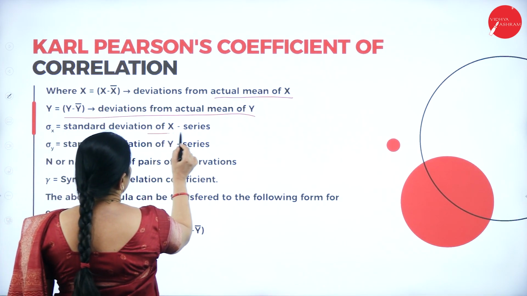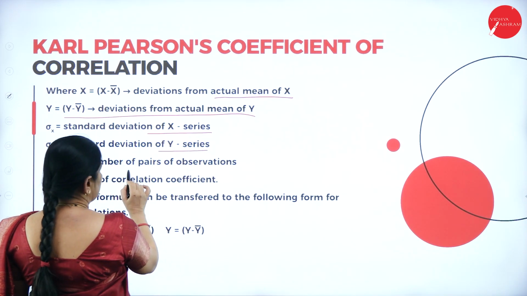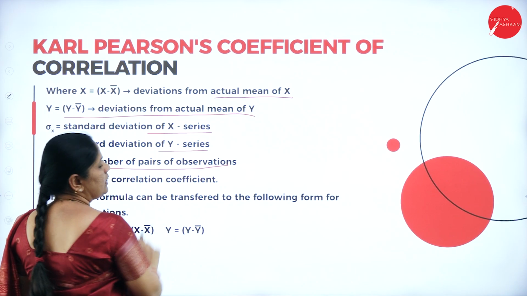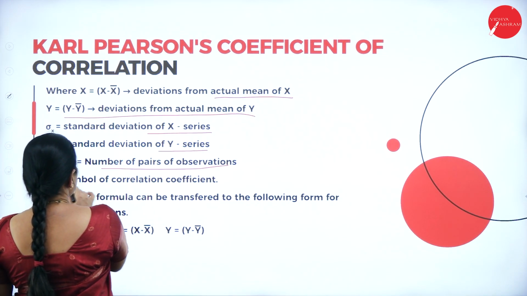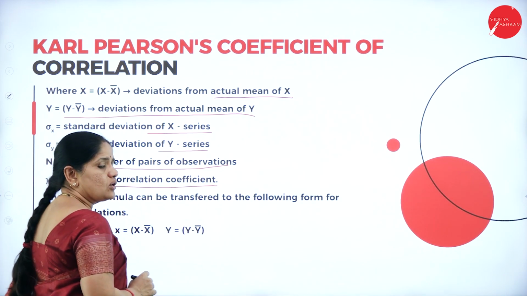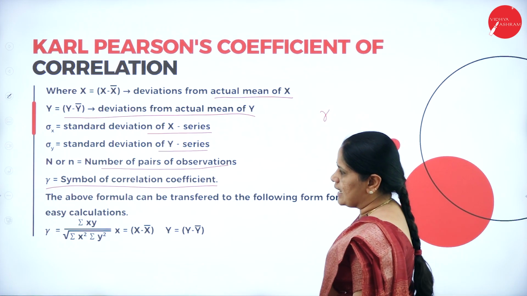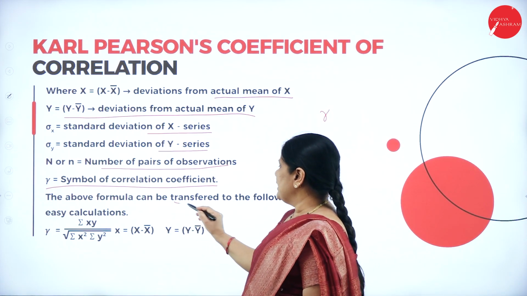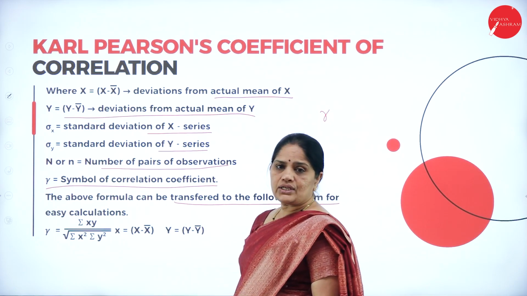Then we have the standard deviation of the x series, standard deviation of the y series. Now, n stands for number of pairs of observations. Then this is the symbol of correlation coefficient. So, the correlation coefficient symbol is this R. Then the above formula can be transformed to the following form for easy calculations.